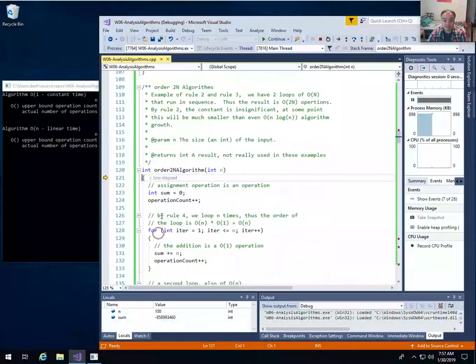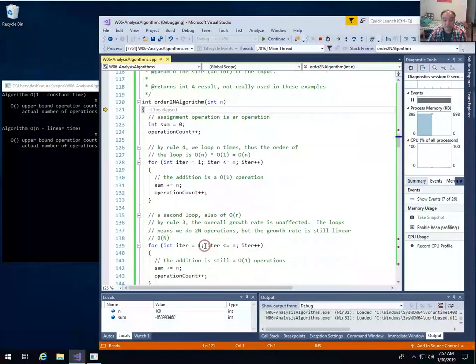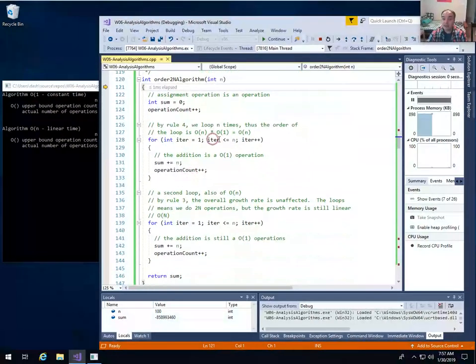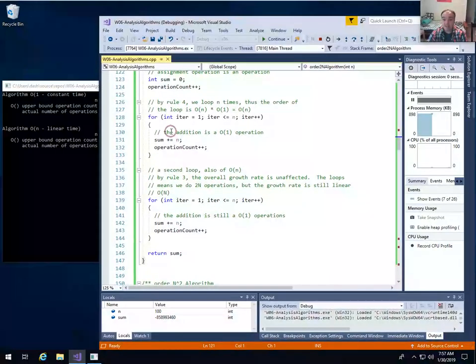In this algorithm, we have our initializations at the top. So this is constant O(1), and we have a loop that goes from 1 to n, and then we have a second loop also that goes from 1 to n. Now in this case, these are both the same order of magnitude. So we get O(n) plus O(n), so we actually end up with 2n operations happening here.